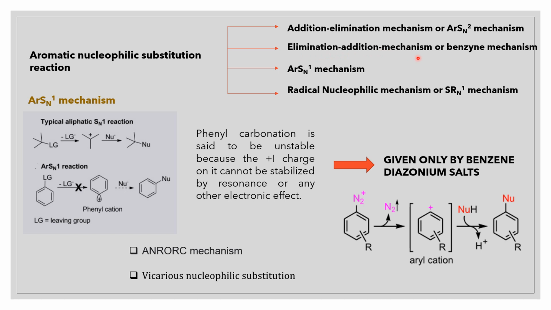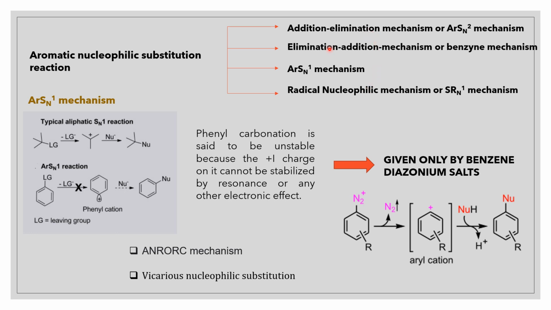That is a famous mechanism which is also known as benzyne mechanism, since it involves the formation of a benzyne intermediate. Now the third one is ArSN1 mechanism, which is actually given in the question, and the fourth one is known as the radical nucleophilic mechanism or SRN1 mechanism. Okay, so these are the four different types of mechanism possible for nucleophilic substitution reactions in aromatic systems.